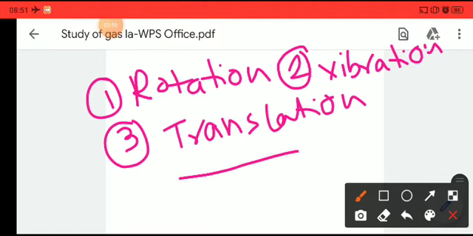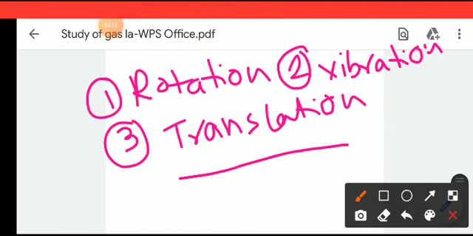All these factors are not in your syllabus, but for a better understanding of this concept, why the internal energy of the molecule gets almost to zero, we have to know some basic concepts. That is why I am explaining this to you.